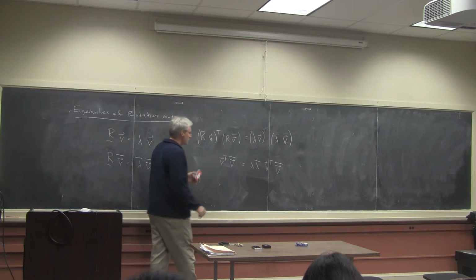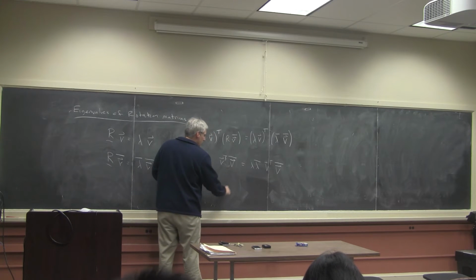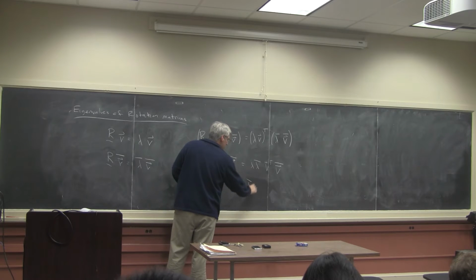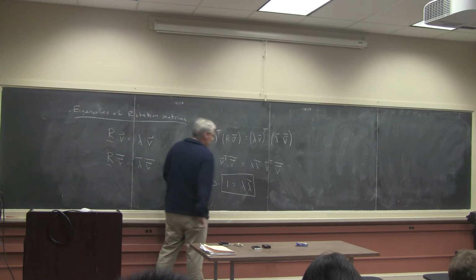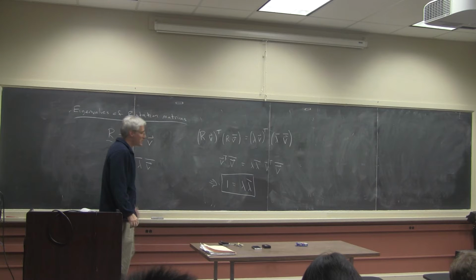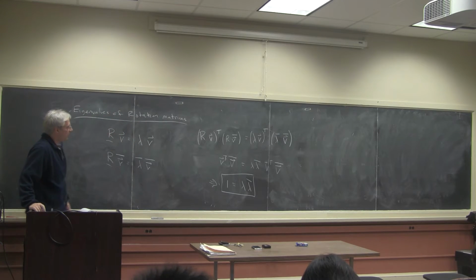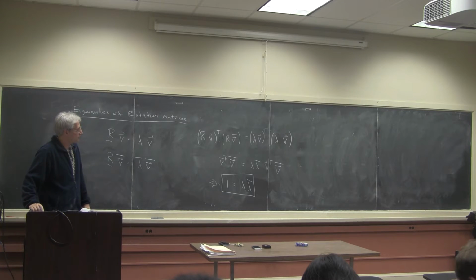So we can divide both sides by that. So we get the identity is equal to lambda times its own complex conjugate. Okay? So that says something kind of special about the eigenvalues of a rotation matrix.